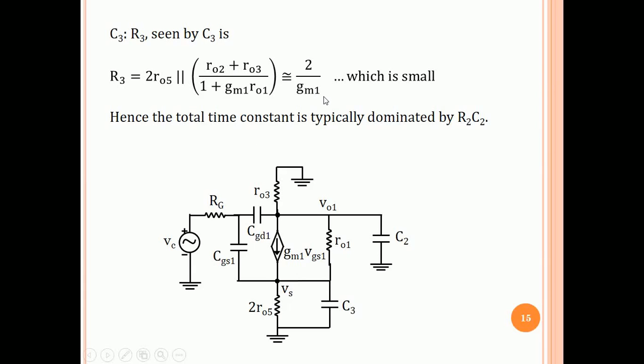So this resistance is small. The resistance seen by C3 is small compared to the resistance seen by C2. Therefore, of all the 4 time constants, the time constant corresponding to C2 dominates, and so this sets the minus 3 dB frequency. So the minus 3 dB frequency of the common mode response of a differential amplifier is approximately 1 by R2C2.